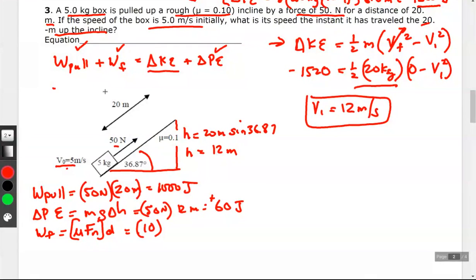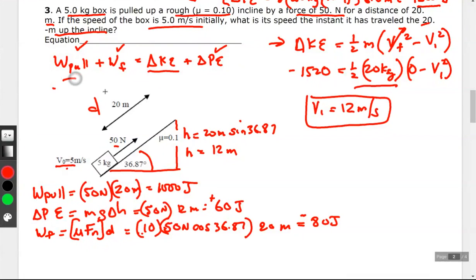The normal force is mg cosine theta, that's 50 newtons, mg, because it's on a ramp, cosine of 36.87, mg cosine theta, times the distance, which is given here. The distance that friction acts is 20 meters. So we get about 80 joules, and that's negative work. This work is negative because the force is acting exactly opposite the direction of motion.